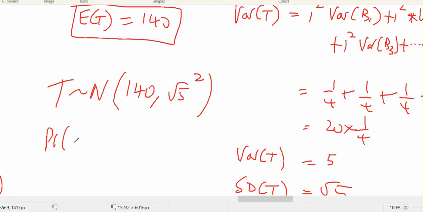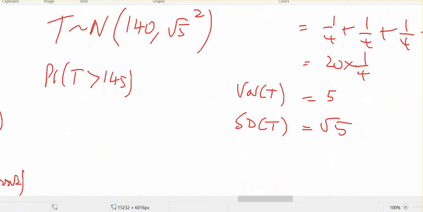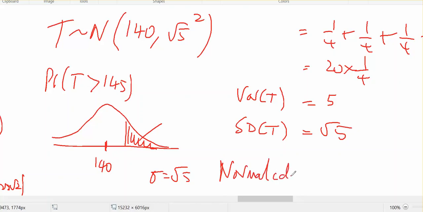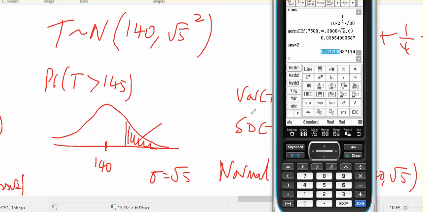Now for the probability that the total is bigger than 145, I'm going to use the normal distribution because the total is normally distributed with a mean of 140 and a standard deviation of √5. And I'm looking for bigger than 145. So I'm going to do normal CDF from 145 to infinity, mean is 140, standard deviation is √5 on my calculator.